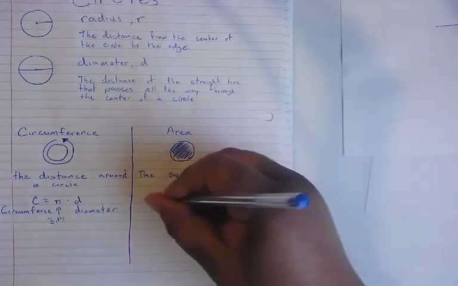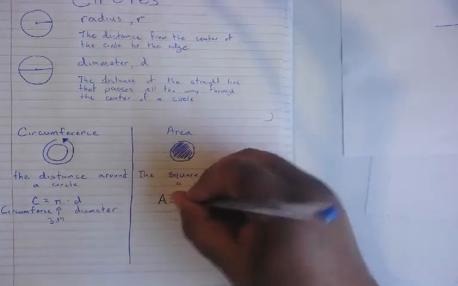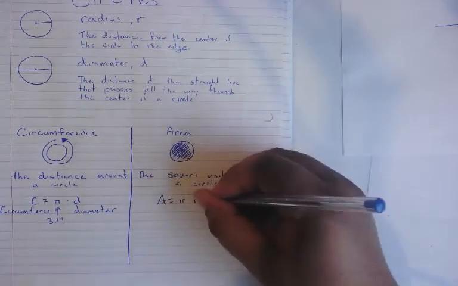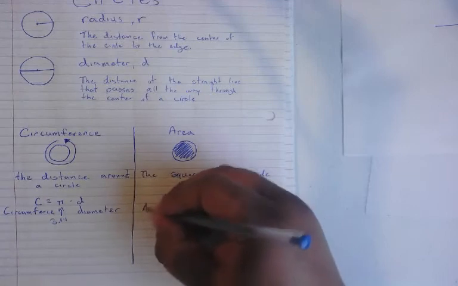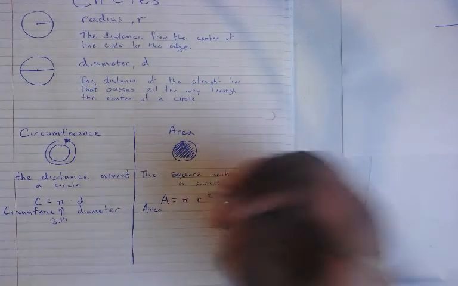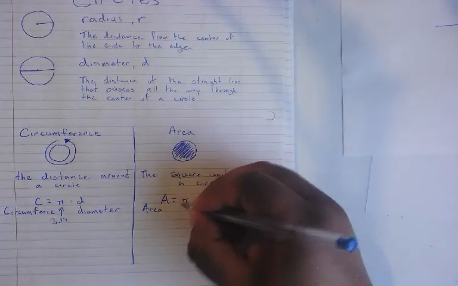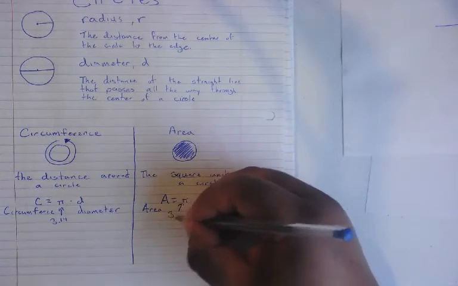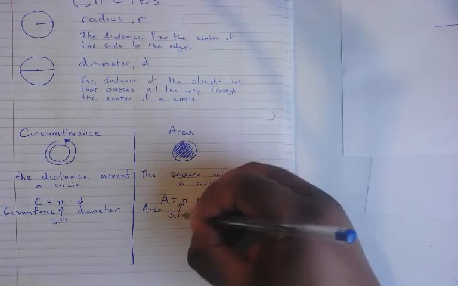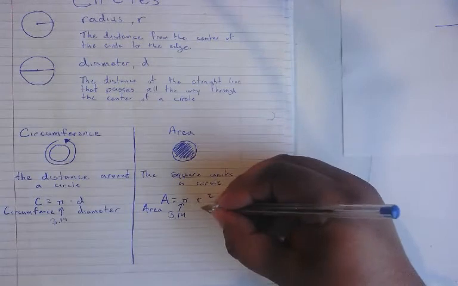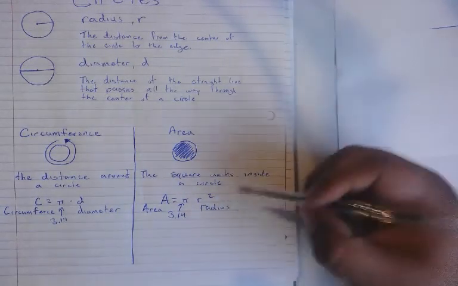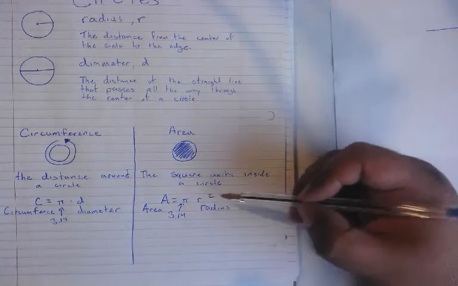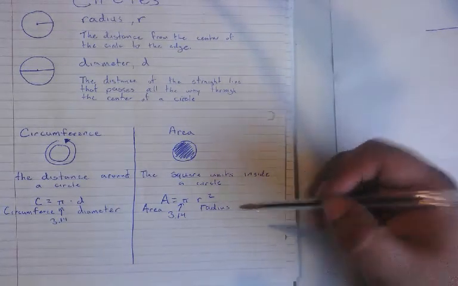And the formula that we use is area equals pi r squared. Our letter A here stands for area. The pi right here, we already said, stands for 3.14. R stands for radius. But when I see this r squared, remember, that's not 2 times the radius.